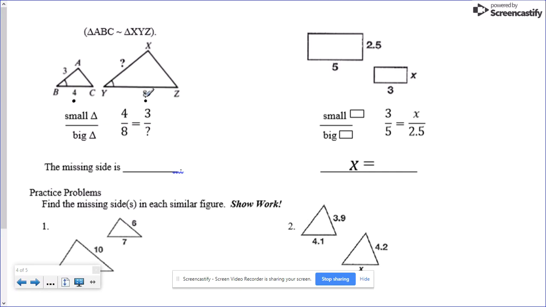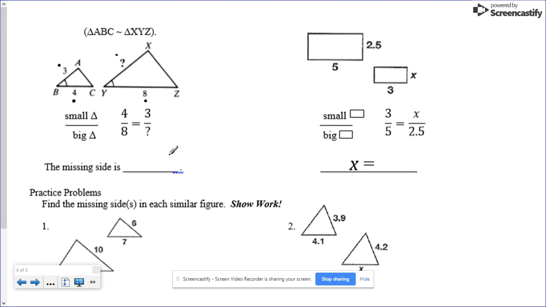So 4/8. They're in the same spot on their triangle. One's just the small triangle, one's just the big triangle. If you put the small triangle first on your first fraction, you have to do the same thing for your second. So 3 goes over the question mark because those two are in the same spot.